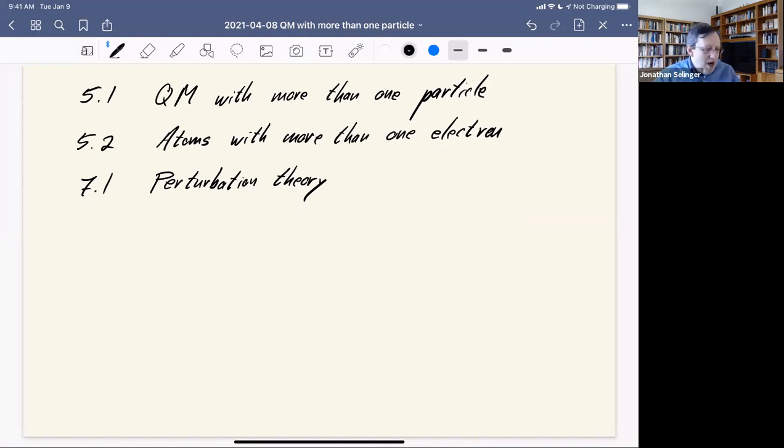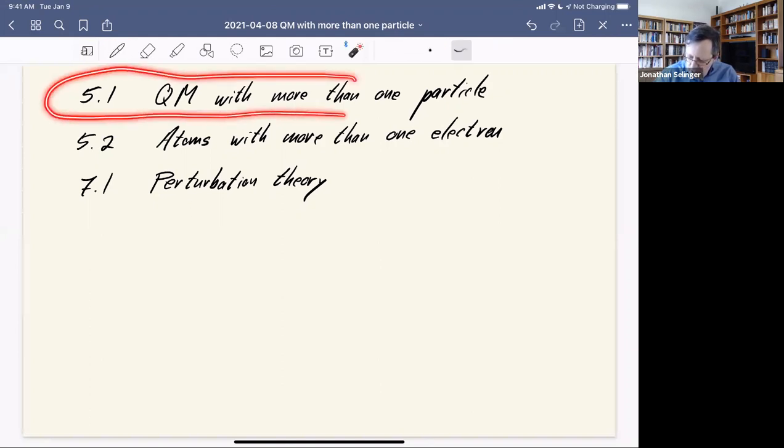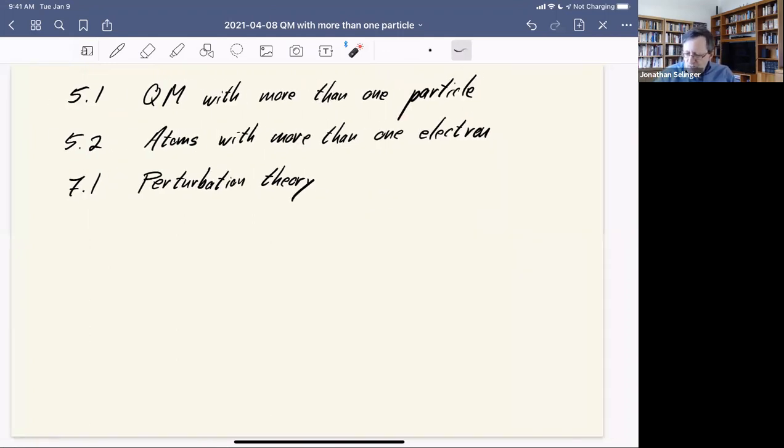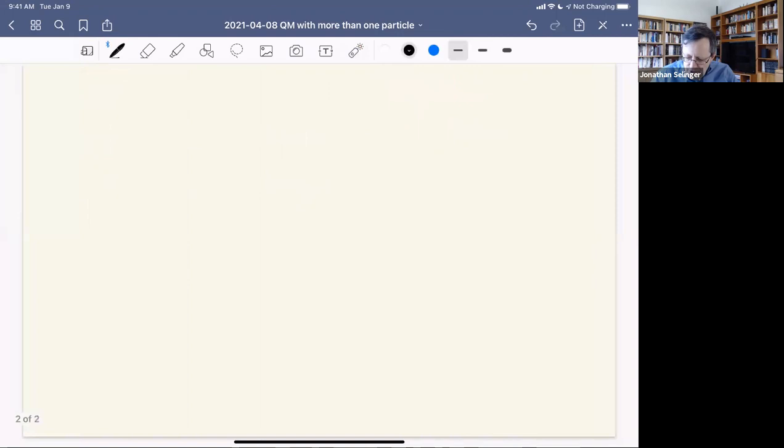All right, so for today, let's begin with this section, 5.1 about quantum mechanics with more than one particle. Let me kind of introduce this.